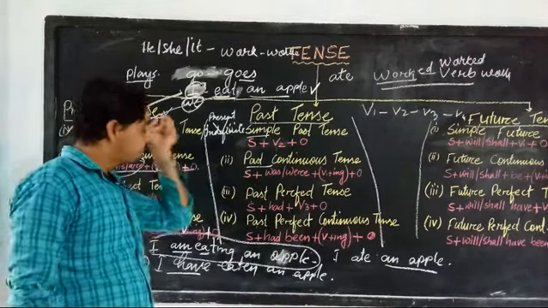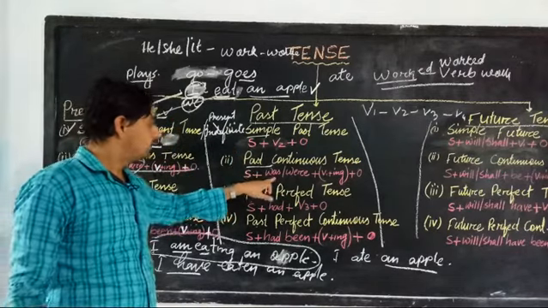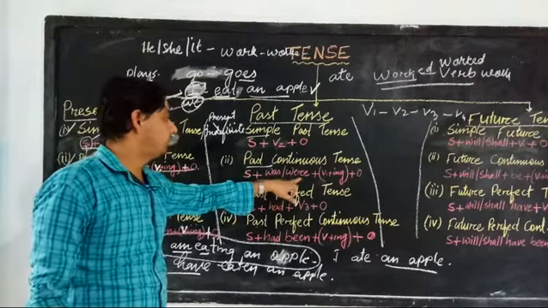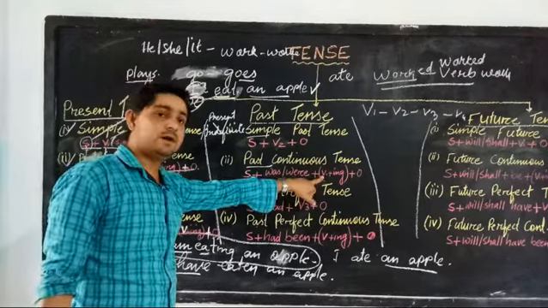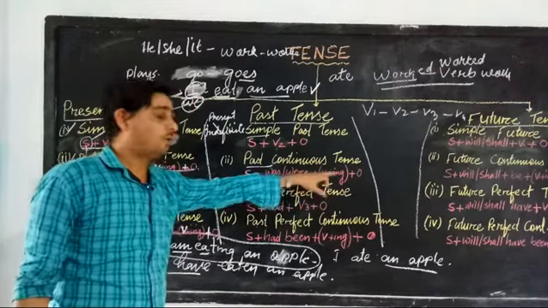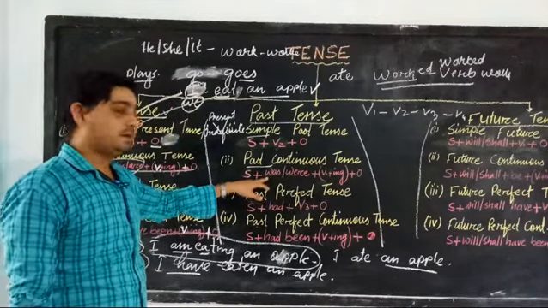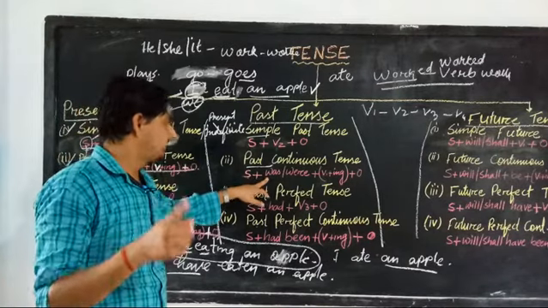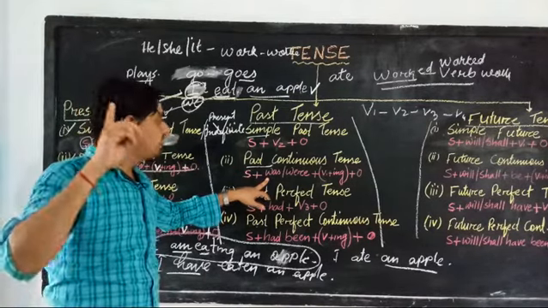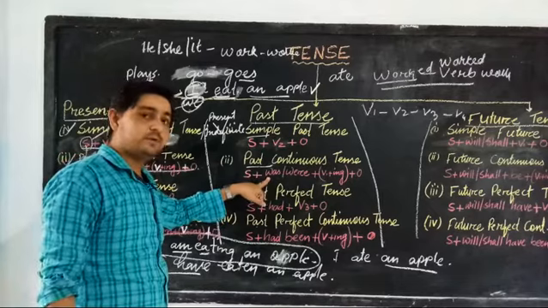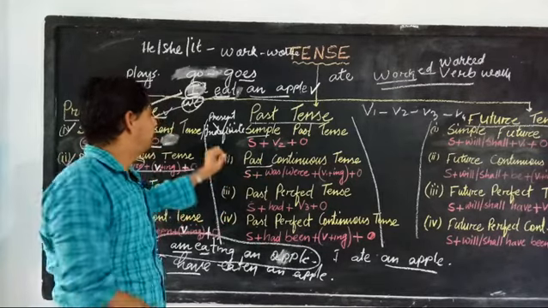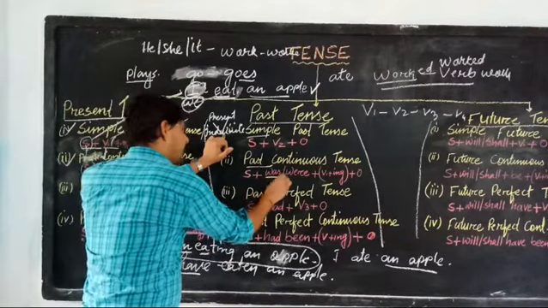Then moving to the next point. Past continuous tense. Subject, was or were, V1 plus ing, object. Here also, whenever the subject is singular, then which helping verb will we use? Was or were? We will use was.